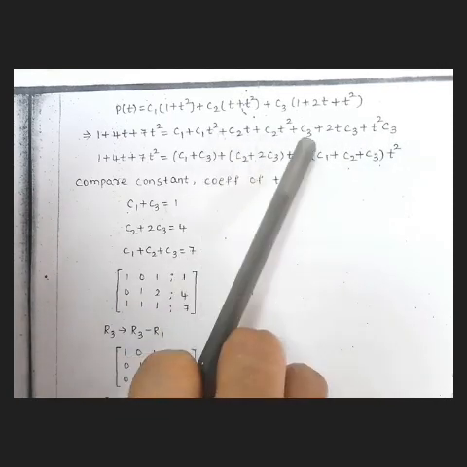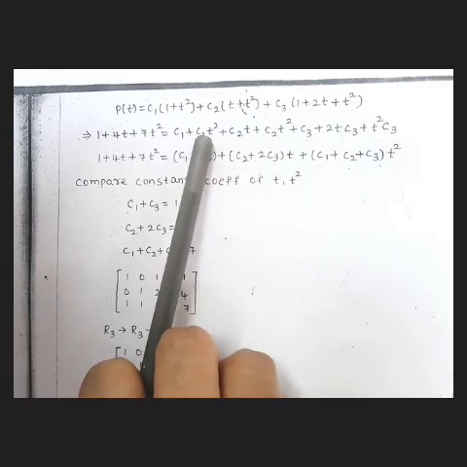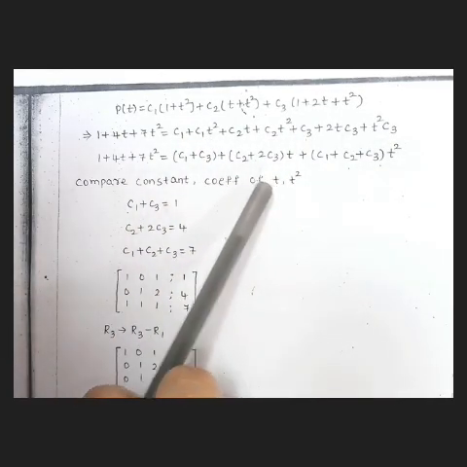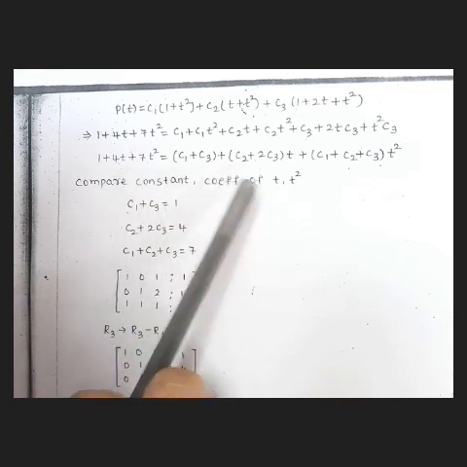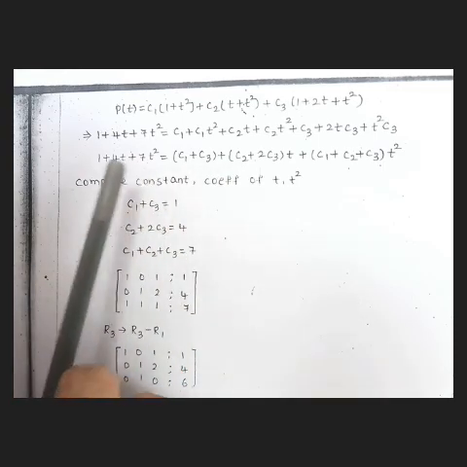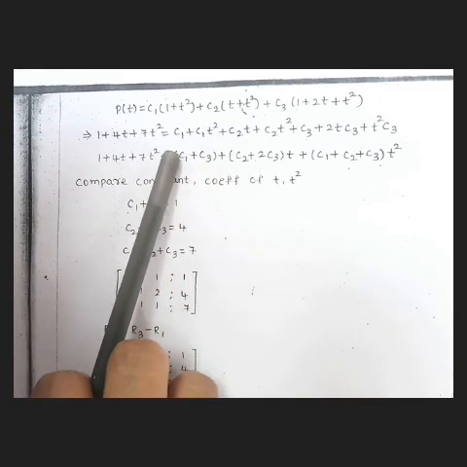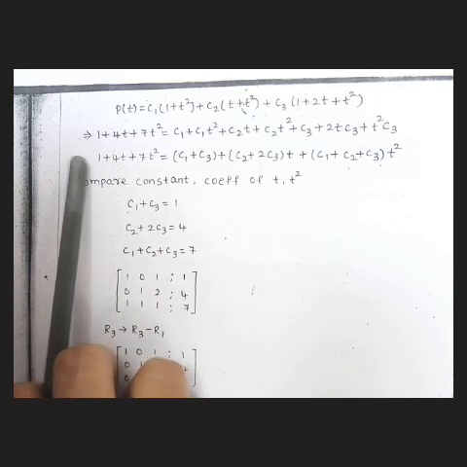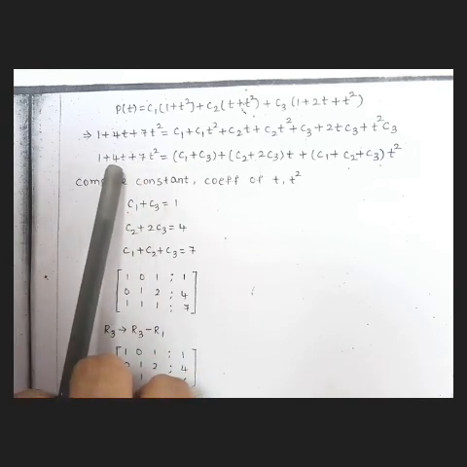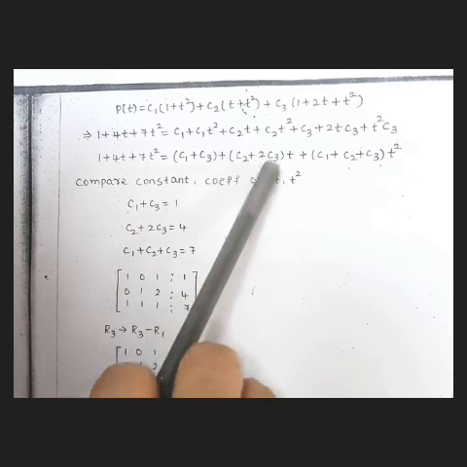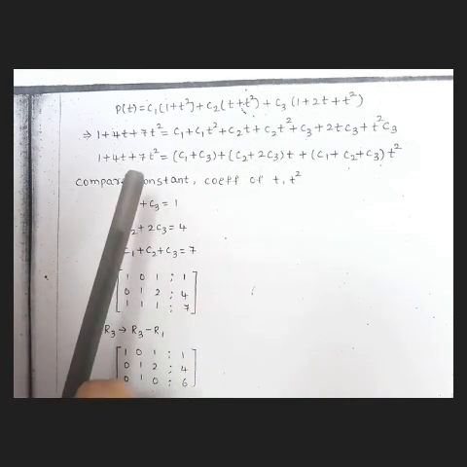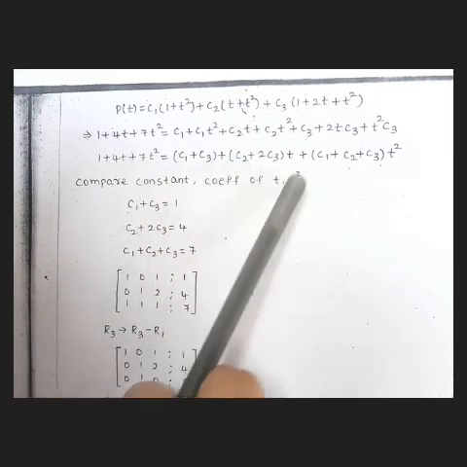Now compare the constants, t coefficients and t square coefficients. By comparing constants, c1 plus c3 is equal to 1, and by comparing t coefficients, this is 4 here and the t coefficient is here. In the same way, compare the t square coefficients, this and this.